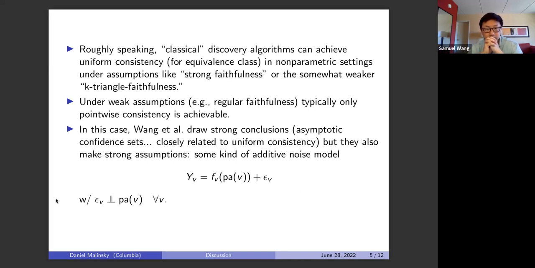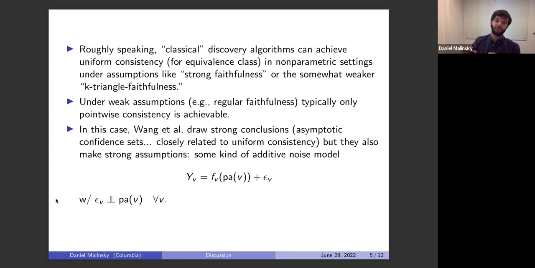I won't go into the relationship. I think, if I'm understanding correctly, the confidence sets that Sam and his co-authors present are uniform, although you can correct me if I'm wrong about that. But in any case, they do rely on this kind of additive noise model assumption class in order to get identification of an ordering or a graph, which might be a set of orderings.